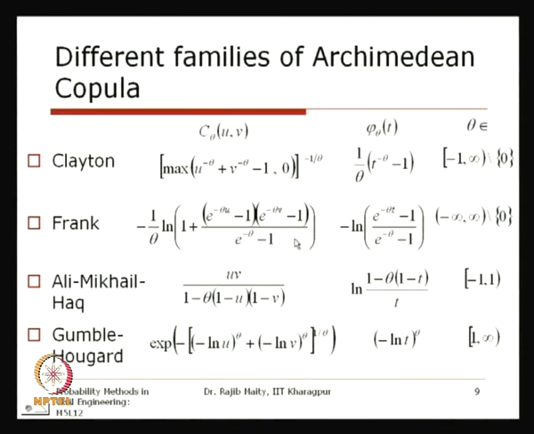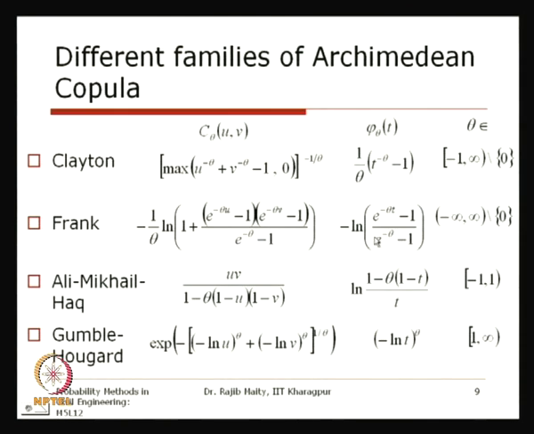Its generator is minus log natural of e power minus theta t minus 1 divided by e power minus theta minus 1, and its range of dependence is minus infinity to infinity excluding 0.